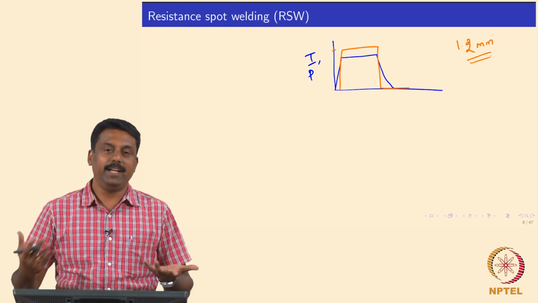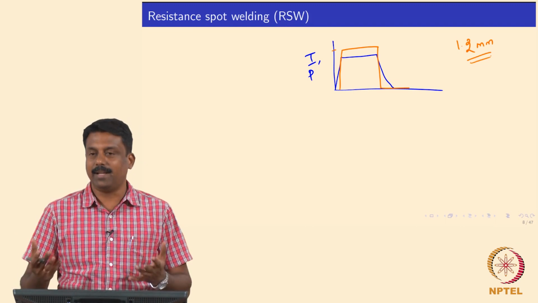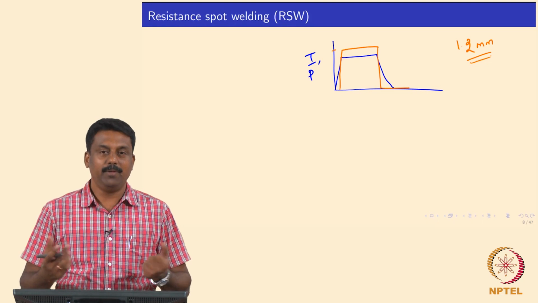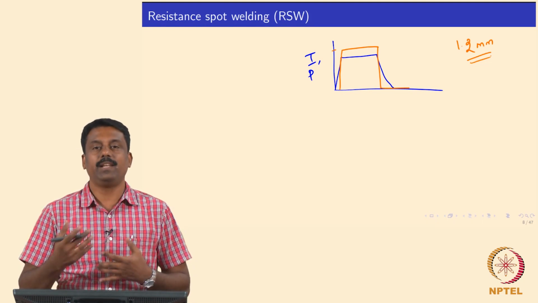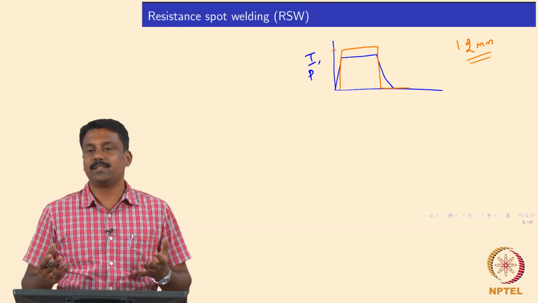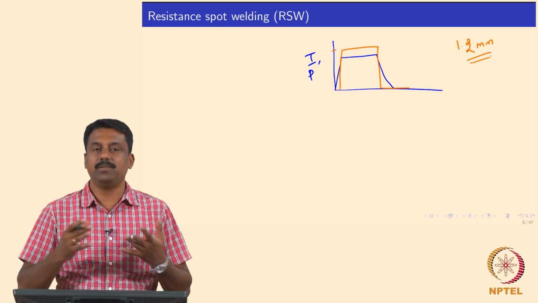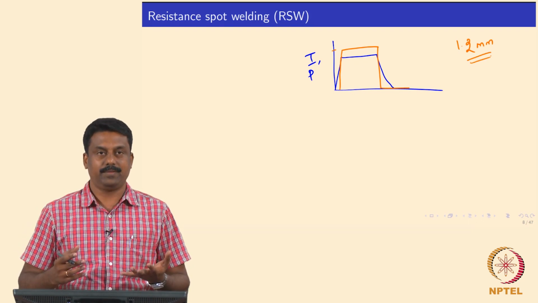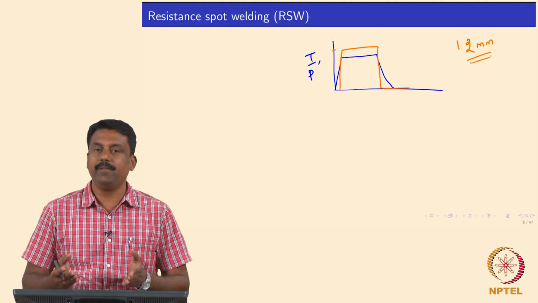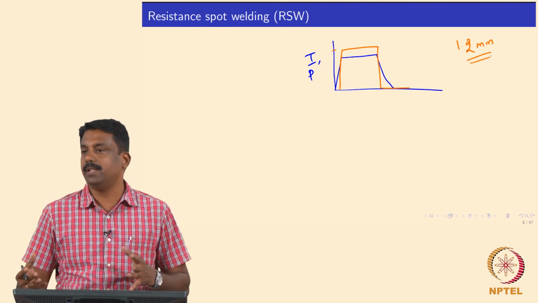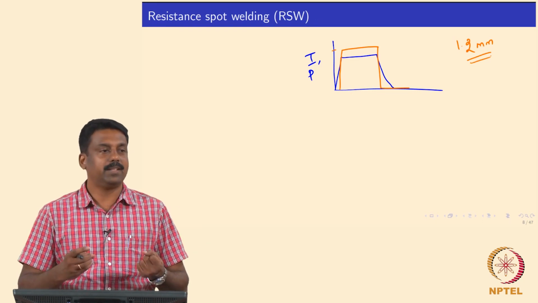But we are always greedy, and we will have to modify various thermal cycles. You may want to introduce a pre-weld heating or a post-weld heating, and in some cases it is important to raise the temperature more gradually, at a very slow rate. This simple weld thermal cycle may not give you the freedom to play around with the welding parameters, for example heating rate, cooling rate, or holding time.